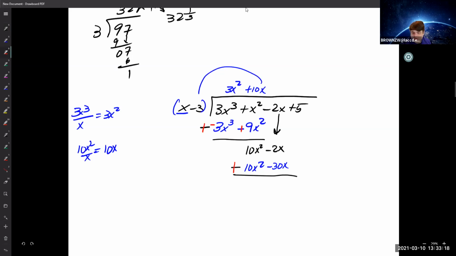So adding the opposite sign here, it's going to give me -2x plus 30x, which leaves me with 28x. And then we're going to drop down the 5.